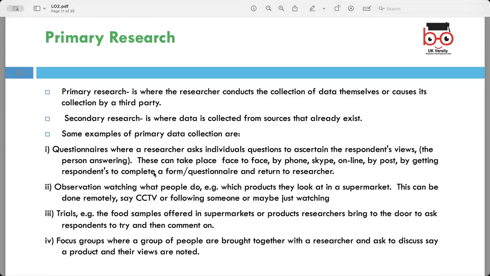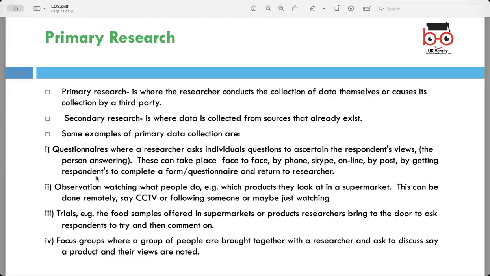Primary research. This is when you collect new data yourself, either directly or by instructing someone else to collect it for your study. A few examples: questionnaires, which you might have heard of during your studies. They are very common at postgraduate or bachelor level. These are forms where you ask people specific questions. They can be done face to face, over the phone, online, or even by post.